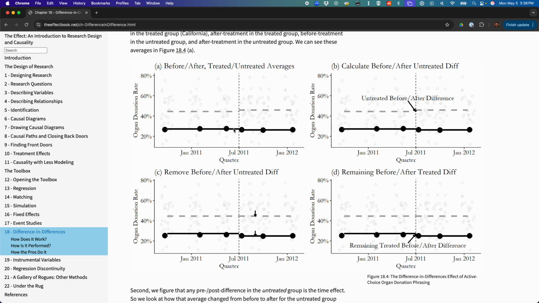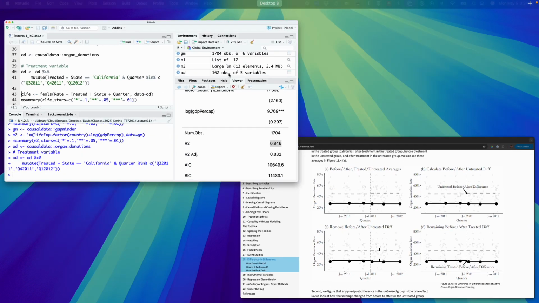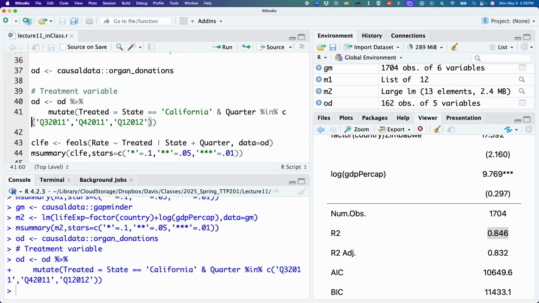And so you end up going down in the number of people who choose to become organ donors after the active choice treatment effect. Okay.